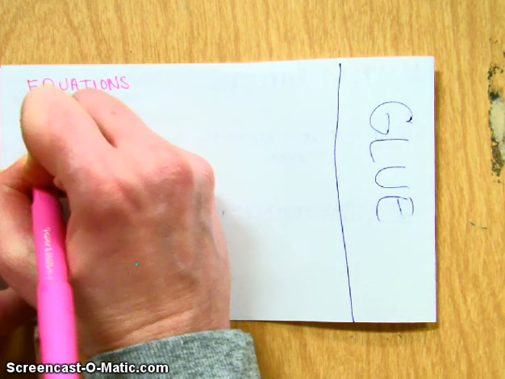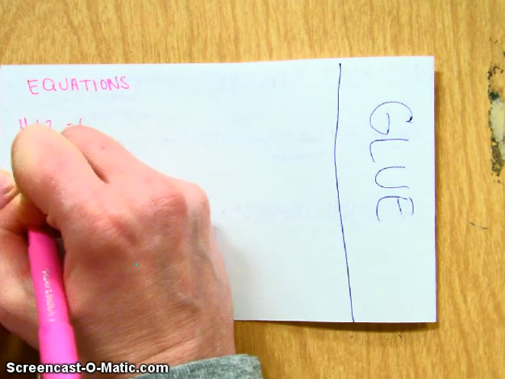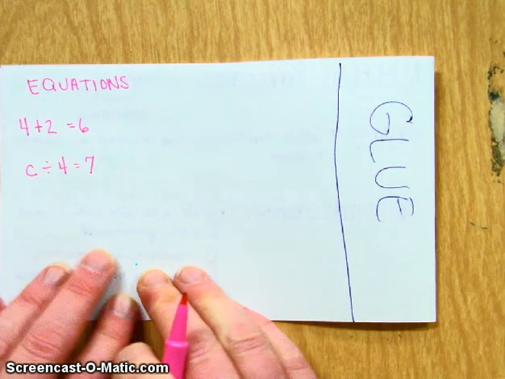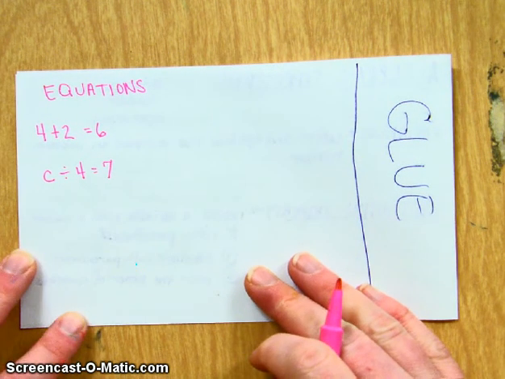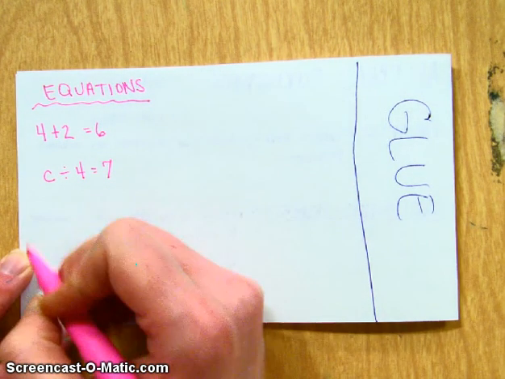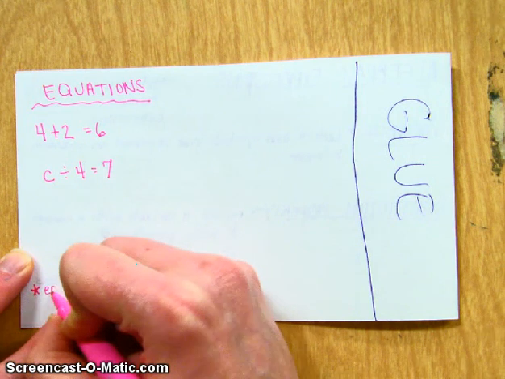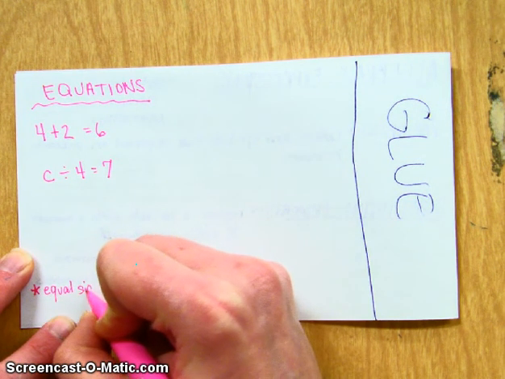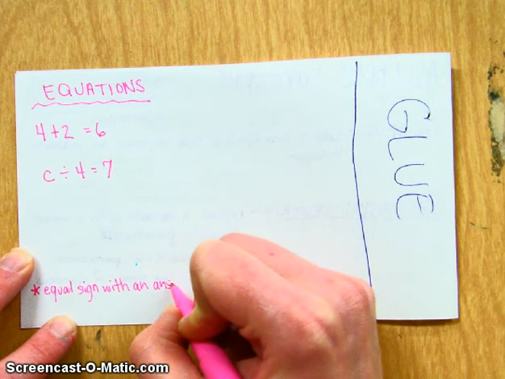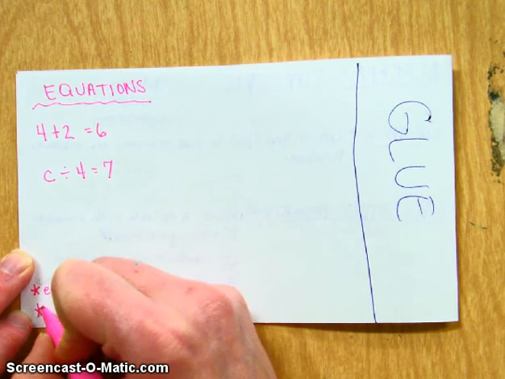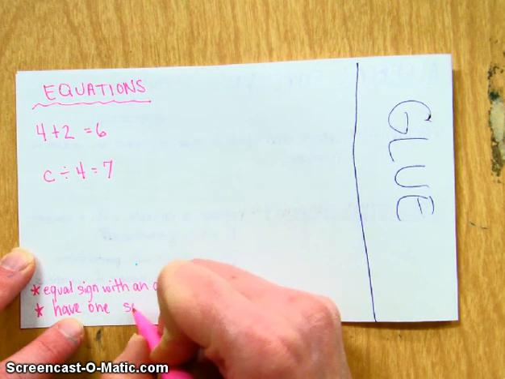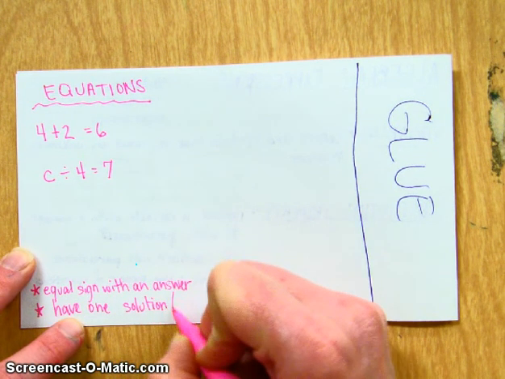That's where 4 plus 2 is 6. And c divided by 4 is 7. Okay? These kind of equations, mathematical sentences, they have an equal sign with an answer. They have one solution. Or answer, if you want to call it answer.